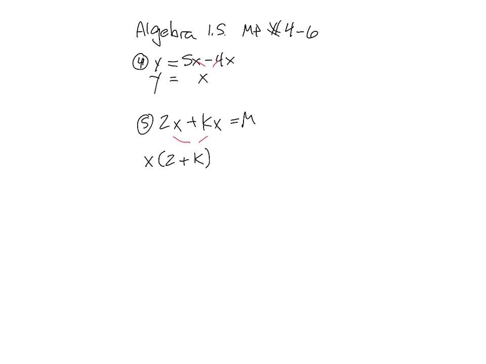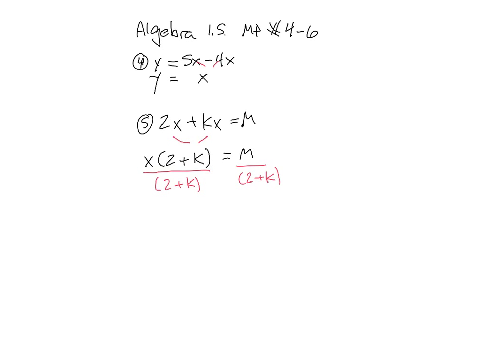And normally, in this case, we put the x on this side of the parentheses. Equals m. And now we want to get this x all by itself. We want to isolate it. So we need to eliminate this 2 plus k factor here. Well, if it's x times the quantity 2 plus k, we're going to divide by that quantity, 2 plus k, and we're going to do the same thing on both sides.